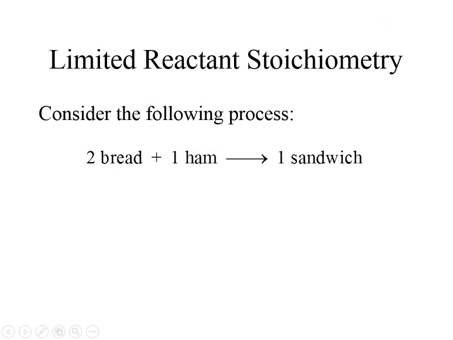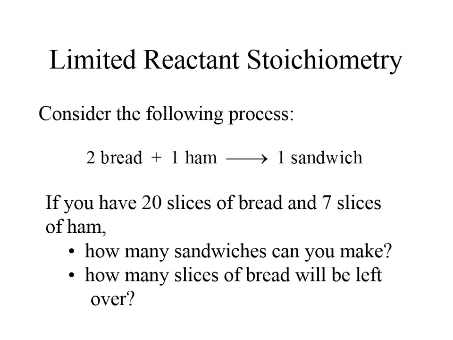So I have a similar example to kind of show you with, instead of making brownies, we're making sandwiches. And of course, if you're making your typical sandwich with 2 slices of bread and 1 slice of ham, we have coefficients of 2, 1, and 1. 2 pieces of bread plus 1 piece of ham will make 1 sandwich. So let's just say you go to your cupboard, and it's very similar to the brownie exercise.